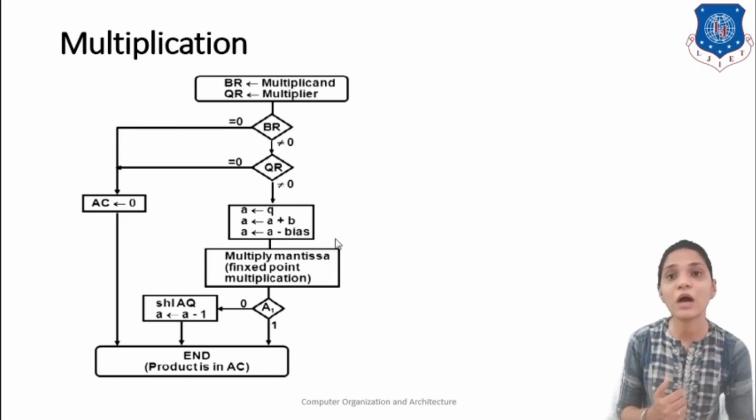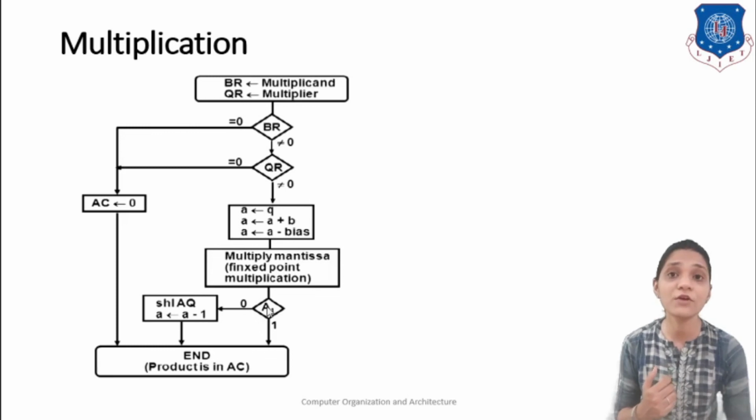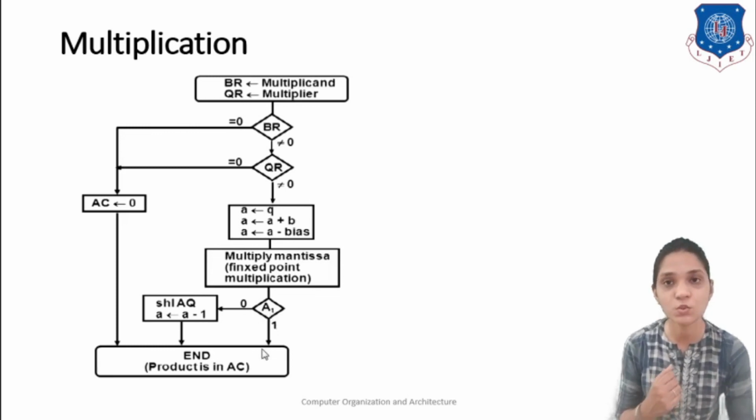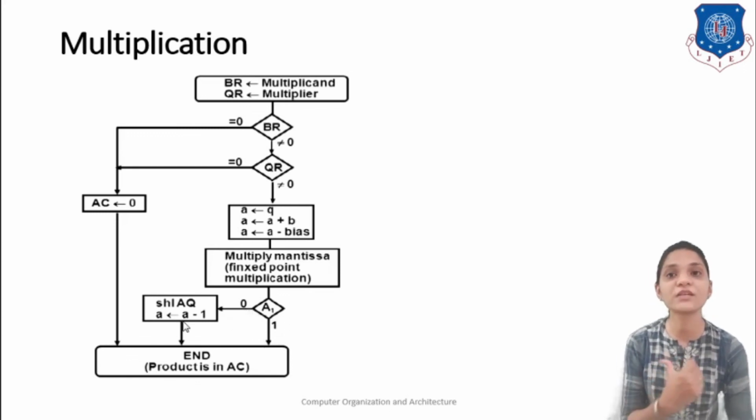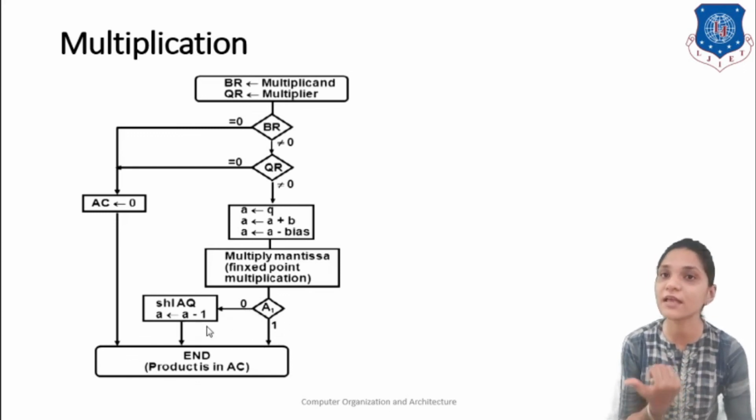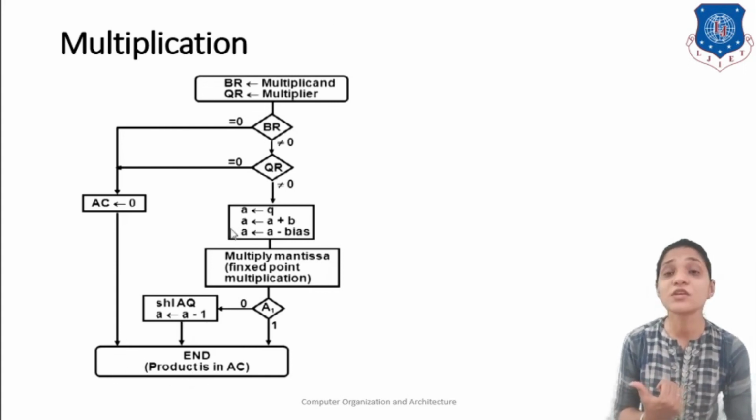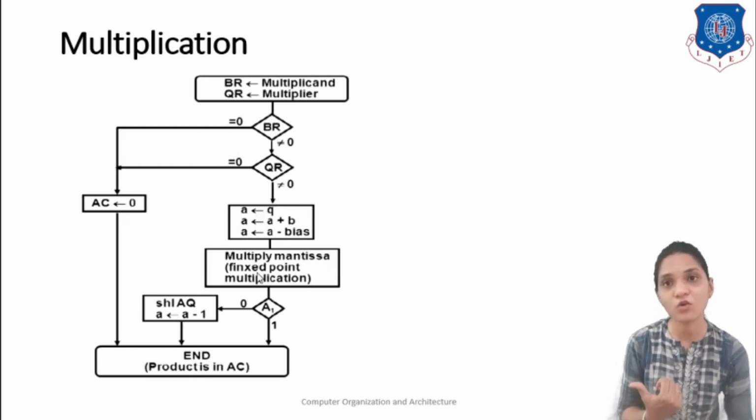And then after multiplication, you have to check for the A1 bit, whether this A1 bit is 1 or 0. If it is 1, then your task is complete. If it is 0, then you have to do the shift left operation and decrement the exponent by 1. And then your task is completed. So here we have just checked for the zeros, added the exponents, and done the multiplication of the mantissa.